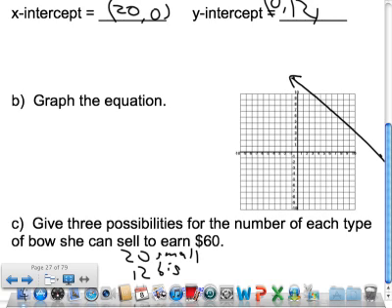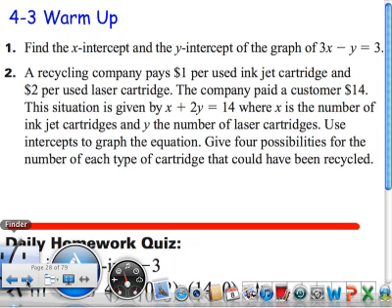And all you have to do for the third is match up your graph with any point on it. So in other words, you could pick this point here. It doesn't really make a difference. And you'll just tell me she could do this many small bows and this many big bows. I'm not going to expect you to do that third part only because the graph here is not very conducive for that. I apologize.